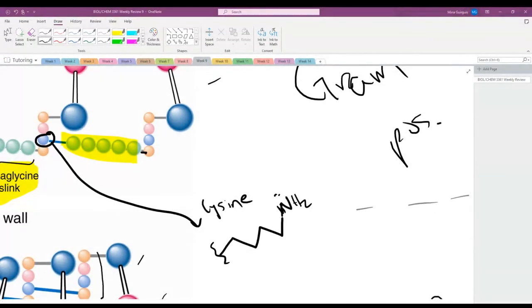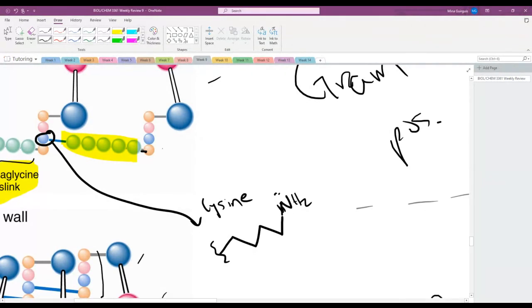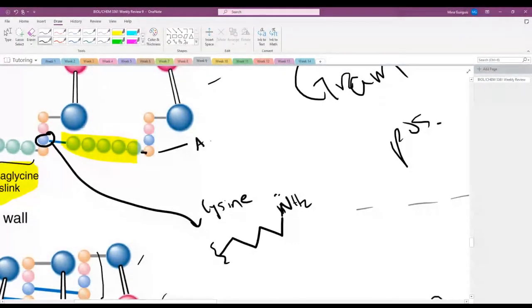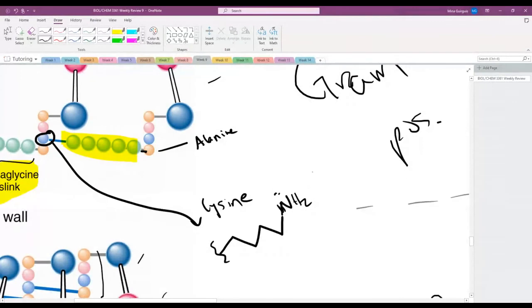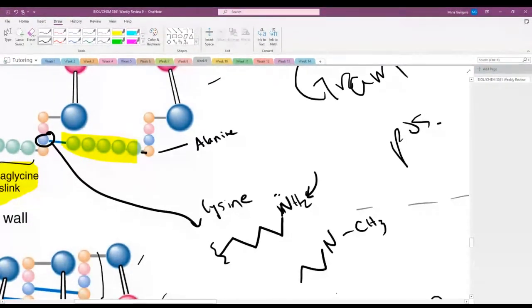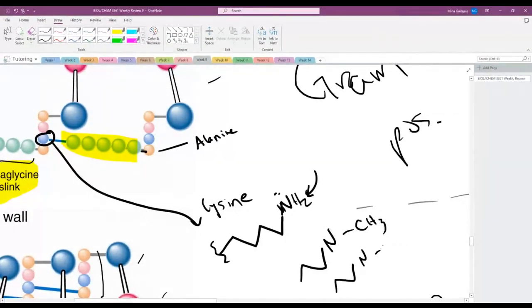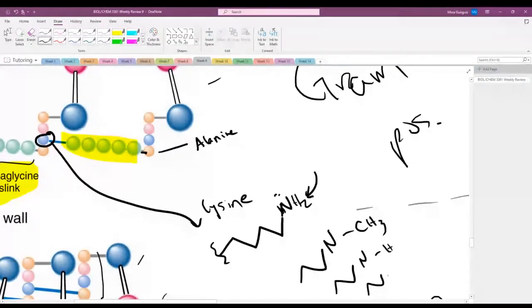That can be attached directly to this alanine at this nitrogen, right? So nitrogen can, and I'm just going to draw this, nitrogen can have a methyl group. It can have a hydrogen, obviously. I think an oxygen could be directly attached fairly stably.